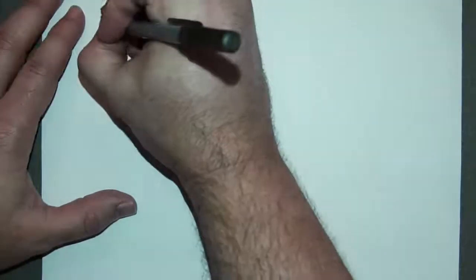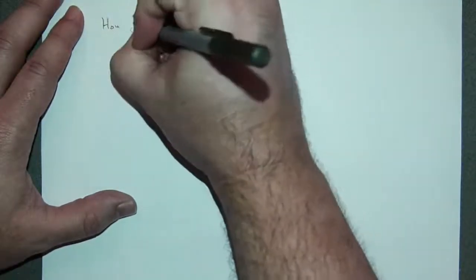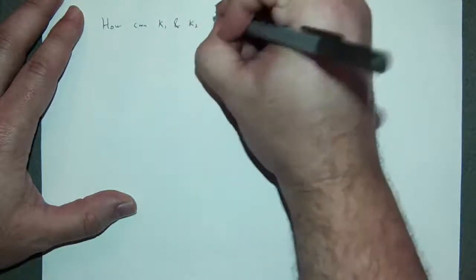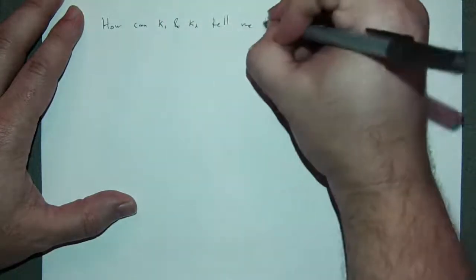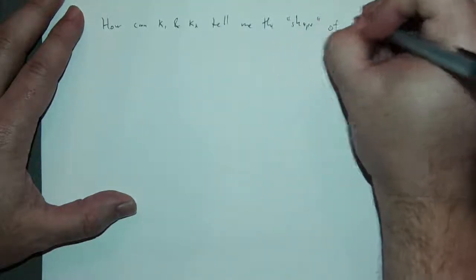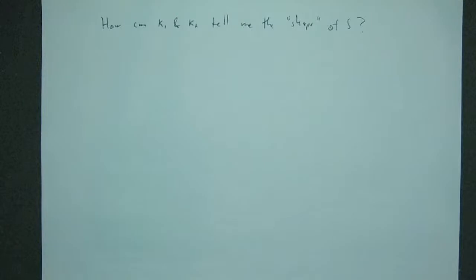So my main thing I want to do now, and then I'll be done, is to say how these curvatures tell the shape of the surface. So how can kappa sub 1 and kappa sub 2 tell me the shape of S? Okay.